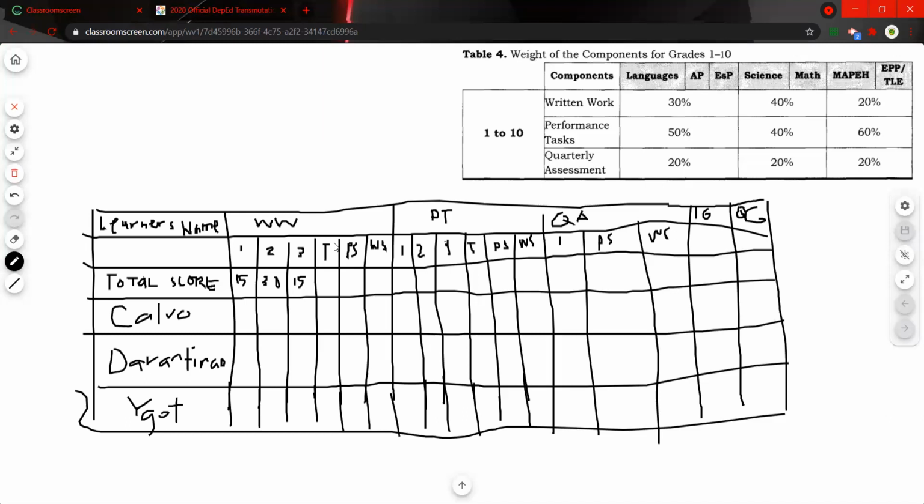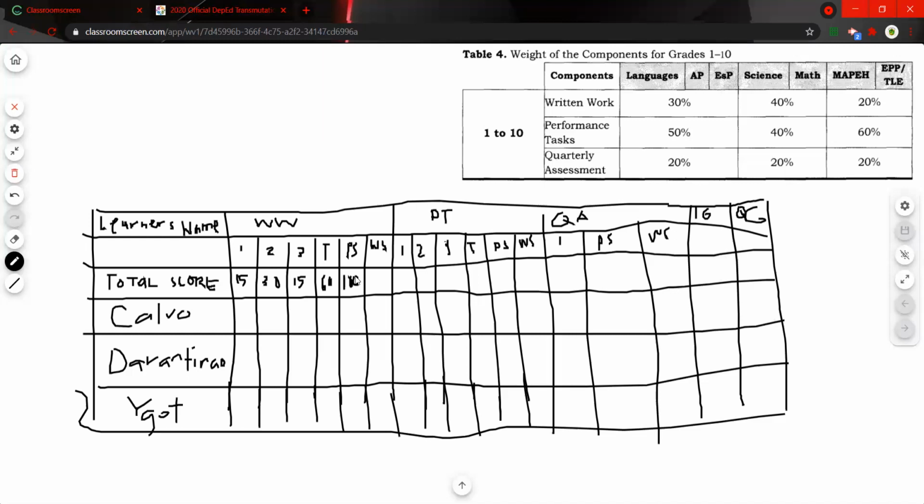T stands for total score, so 15 plus 30 plus 15 is equal to 60. PS stands for percentage. What would be the percentage of 60? Since the total score is 60, the percentage is 100%.